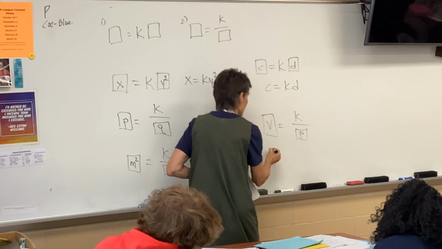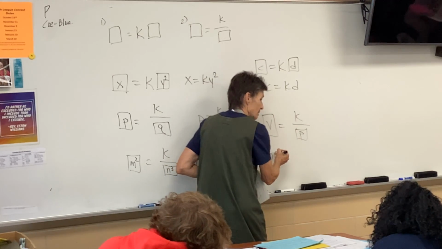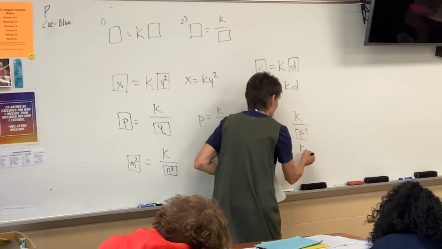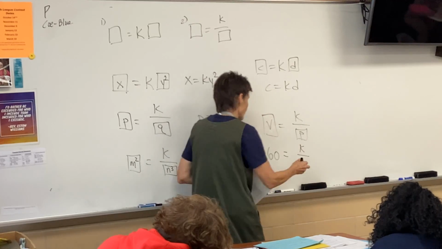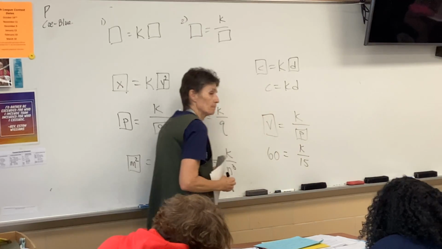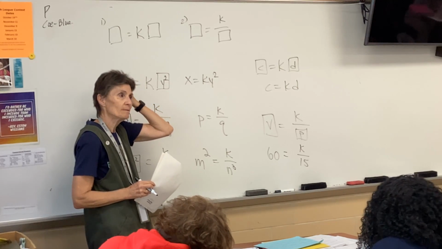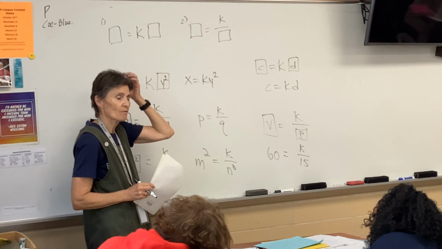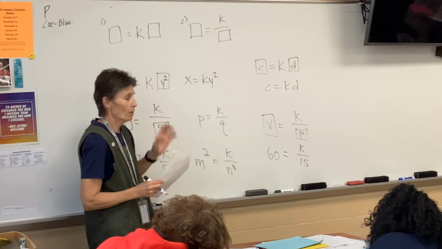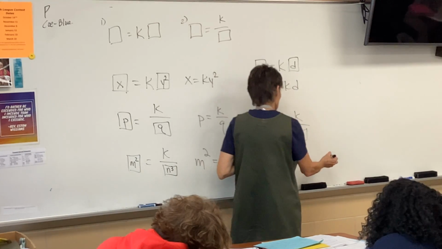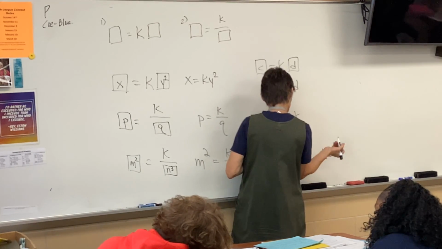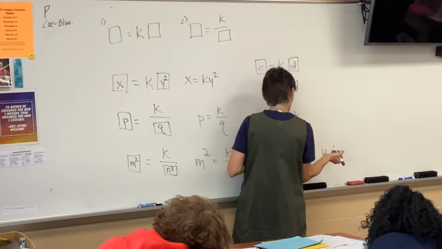The volume is 60 when the pressure is 15. Does that make sense to everyone? So what do you do now? Pause for a second and do what? Multiply by 15. So K equals, is that 900?